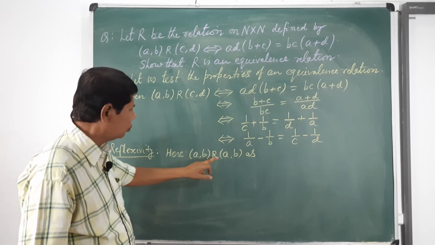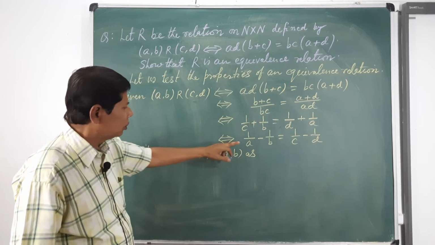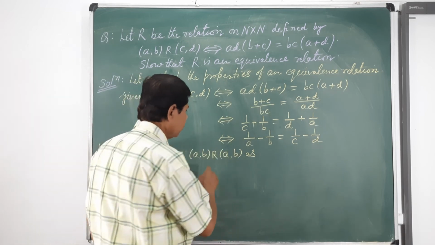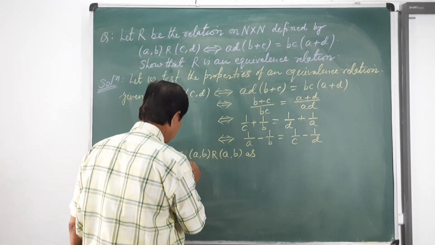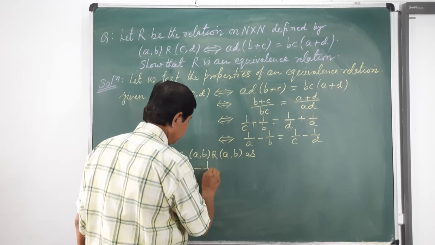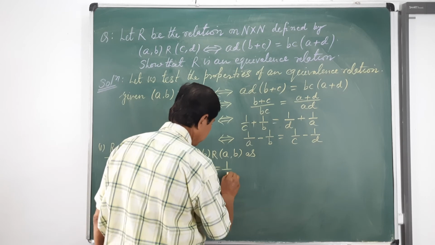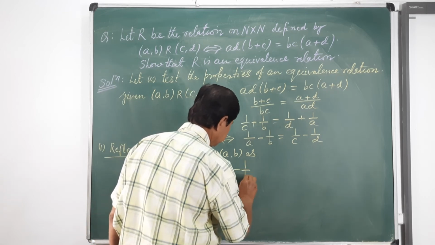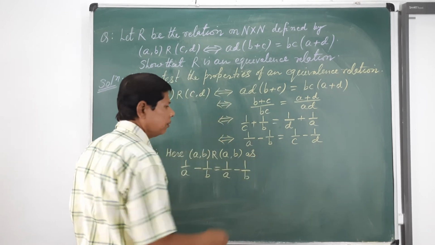Likewise here 1, 2, 3, 4. So according to this, we can write 1 by A, the first element, minus the second element 1 by B, is equal to 1 by A minus 1 by B, as per this definition.